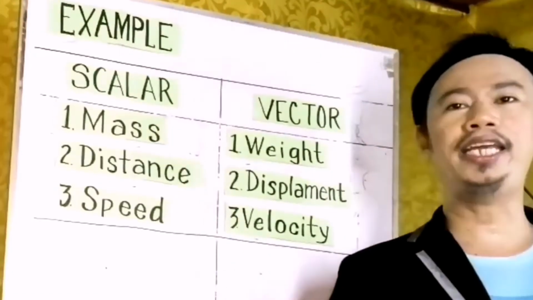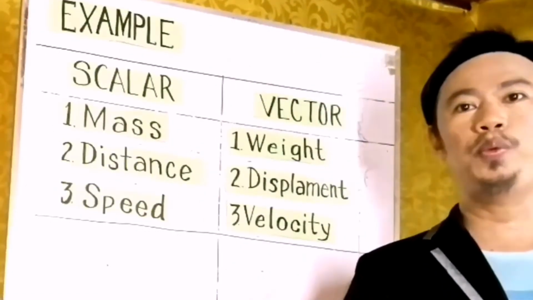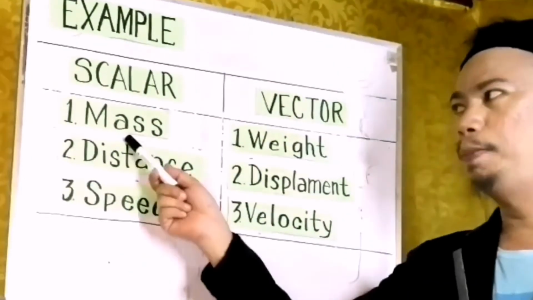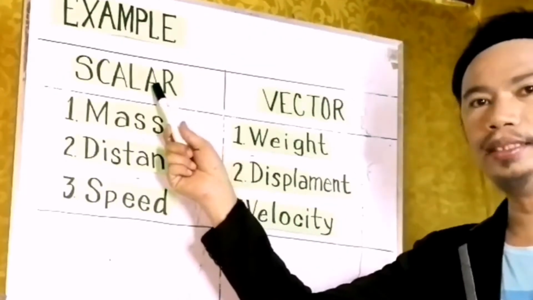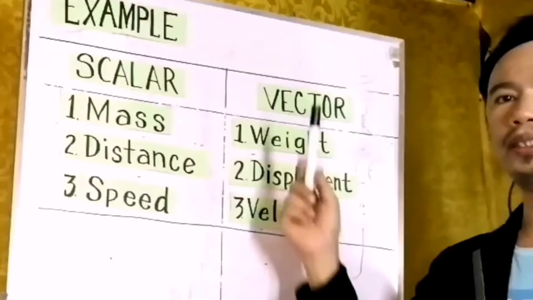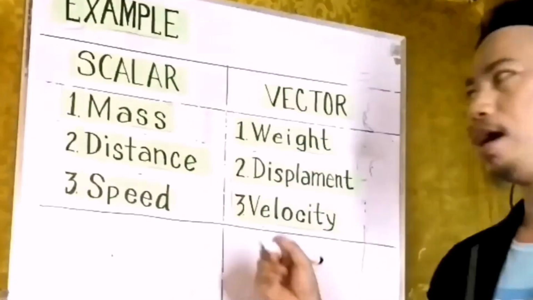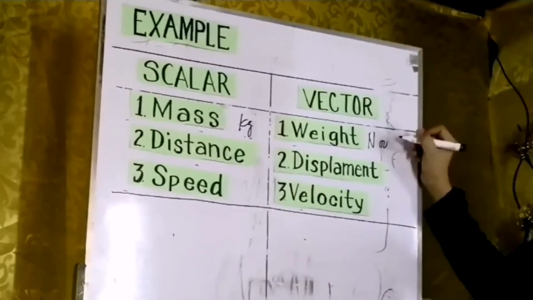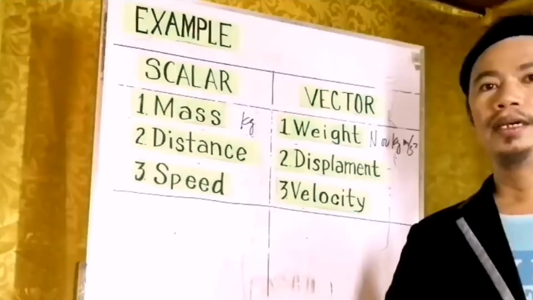I have here an example of different physical quantities with something in common. Example is mass and weight. Mass is the scalar quantity, weight is the vector quantity. The SI unit for mass is kilogram. For the weight, we have Newton or kilogram meter per second squared.